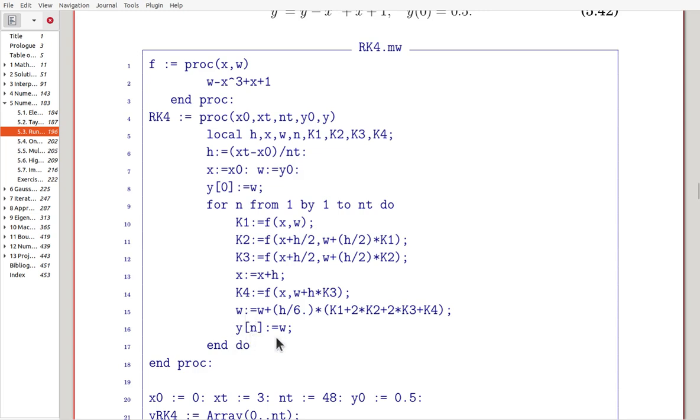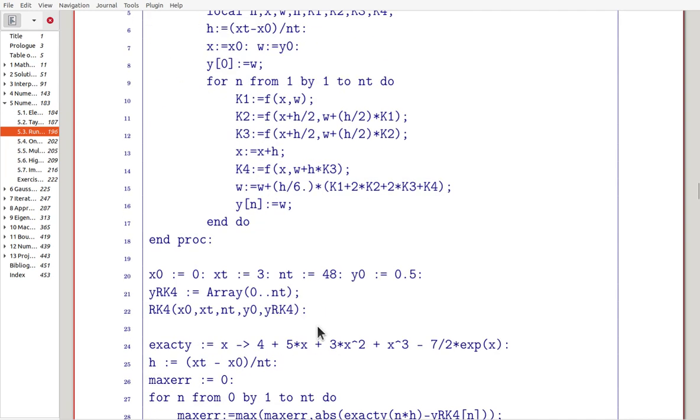So we save it. After running this, we get the y values at the mesh points. Here we start with 0 and terminal point 3, and we choose 48 subintervals so that h is 1 over 16, and y0 is 0.5, along with the ODE, and call RK4.